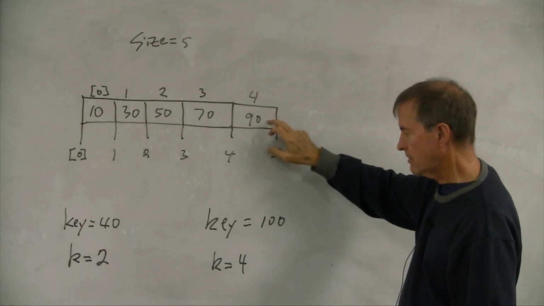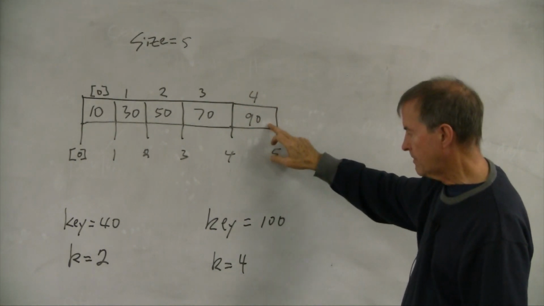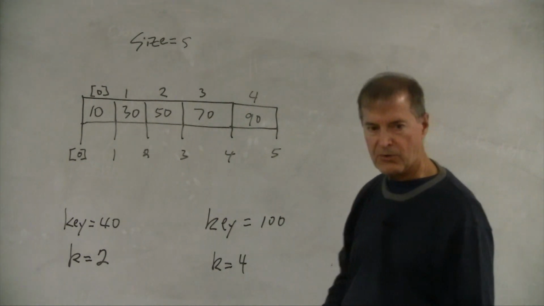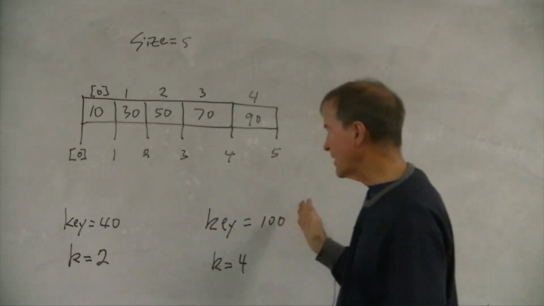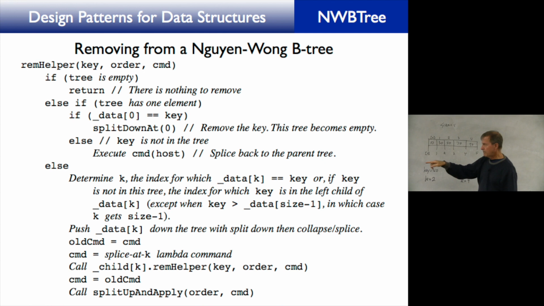We're going to push down data sub 4. Are you with me? And you see why, because the next statement is push underscore data sub k down the tree. Well, there is no data sub 5, right? So we have to push this one. Now, does everybody see how that works? Why that is? All right.